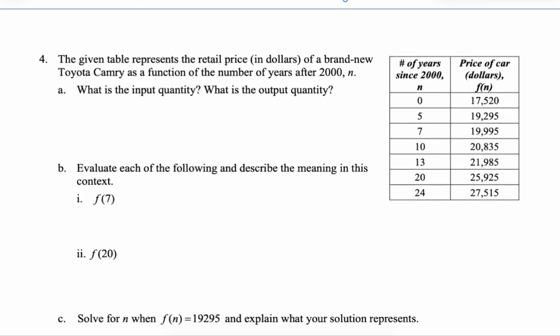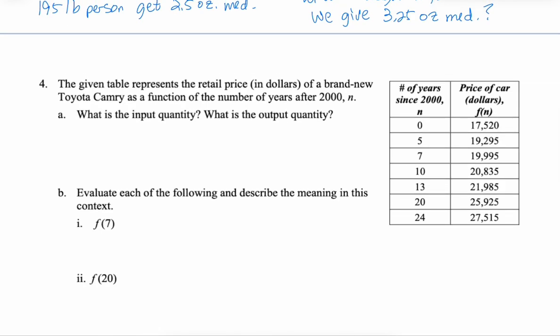So it says the given table represents the retail price in dollars of a brand new Toyota Camry as a function of the number of years after 2000. So that would be N, okay? So remember, this is F of N. That's the price of the car in dollars. N is the number of years after 2000. So our input is our N. That would be the number of years since 2000.